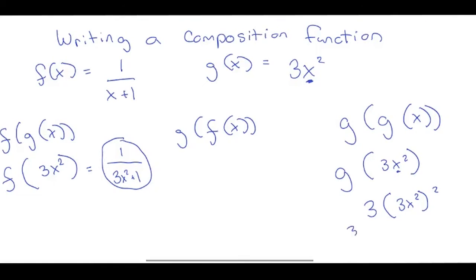Well, that's just 3 times 3x squared times 3x squared. All right, so 3 times 3 times 3, that is 27. X squared times x squared is x to the 4th. So g of g of x is 27x to the 4th power.